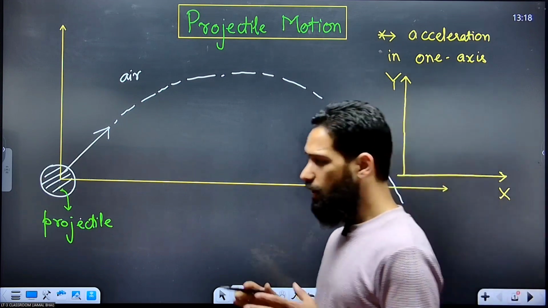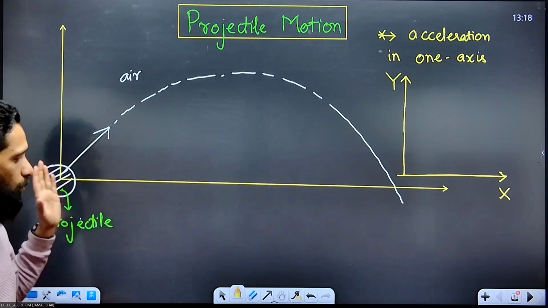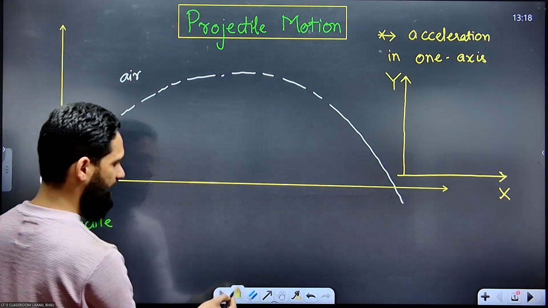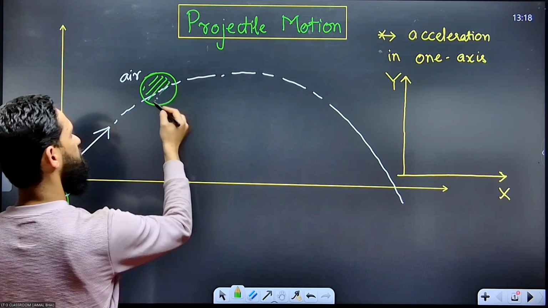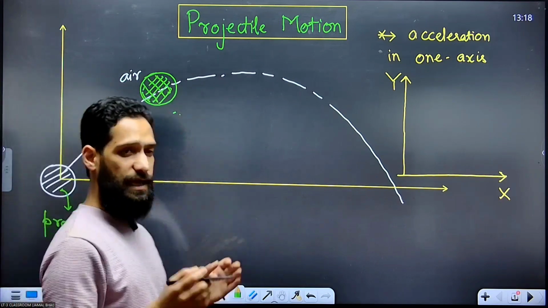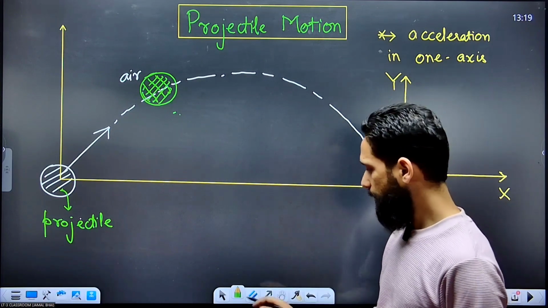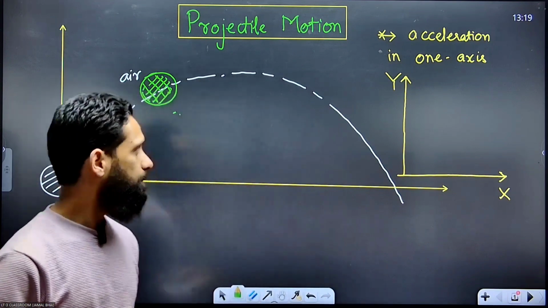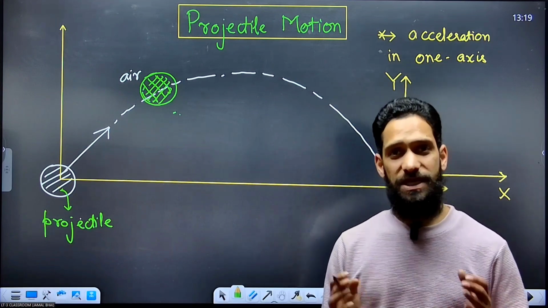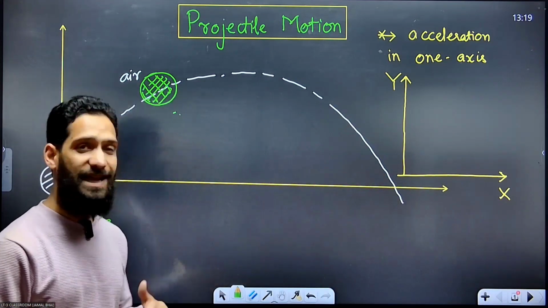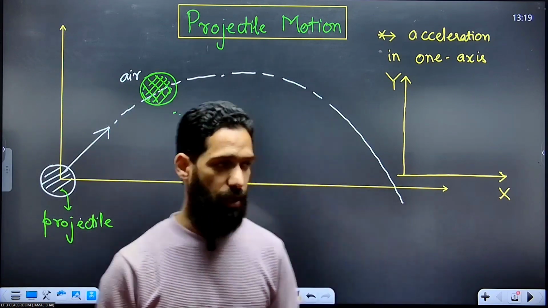Now, the projectile is somewhere at any arbitrary position in the air, in the plane. If I ask you in which axis there will be acceleration on this ball and in which axis there will be no acceleration on this ball, okay?